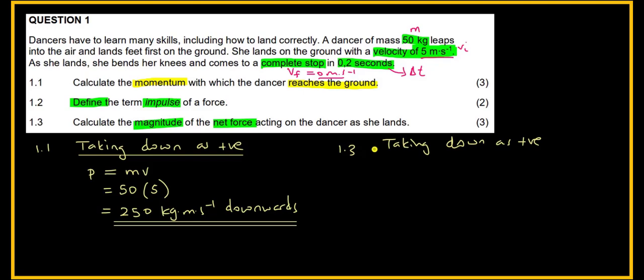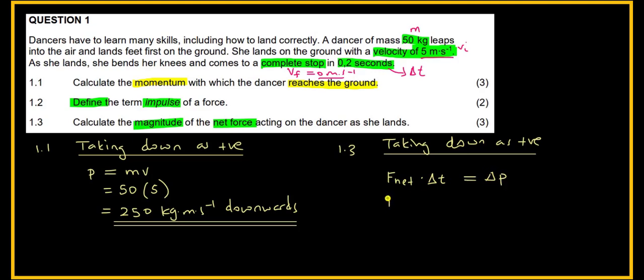Then how do we find the net force? We have our change in time, and initial and final velocity. So we can use the impulse equation here. We simply say the net force times the delta t equals the change in momentum, delta p.